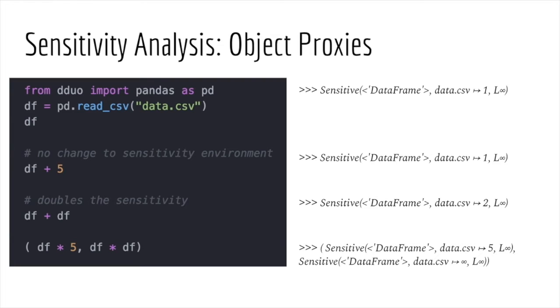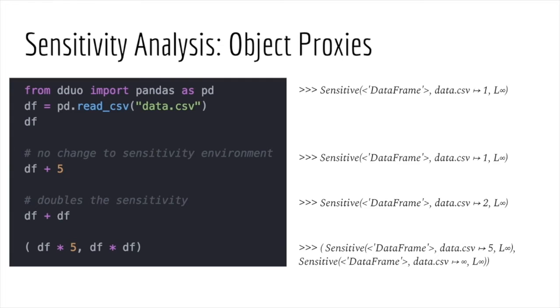DDUO tracks the sensitivity of a value to changes in the program inputs using a sensitivity environment, mapping input data source identifiers to sensitivities. Our example program here initially returns a sensitive value with the sensitivity environment mapping data.csv to 1, indicating that the underlying value is 1 sensitive in the data contained in data.csv.